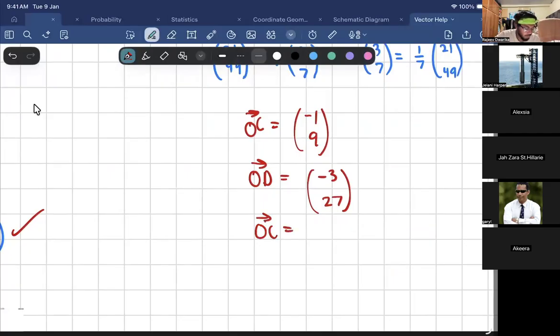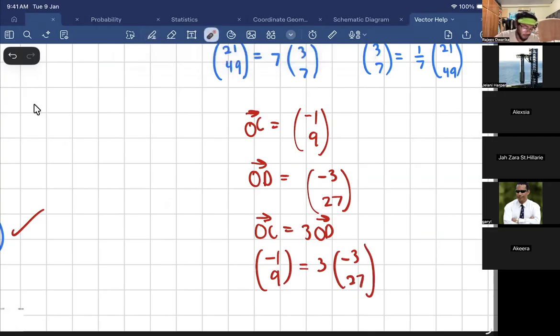All right, now that wouldn't quite be correct, and let me show you why. So we know that OC is minus 1, 9, and we know that OD is minus 3, 27. Now, according to what you tell me here, if I multiply 3 by minus 3, I suppose I get minus 1. Would I get minus 1?